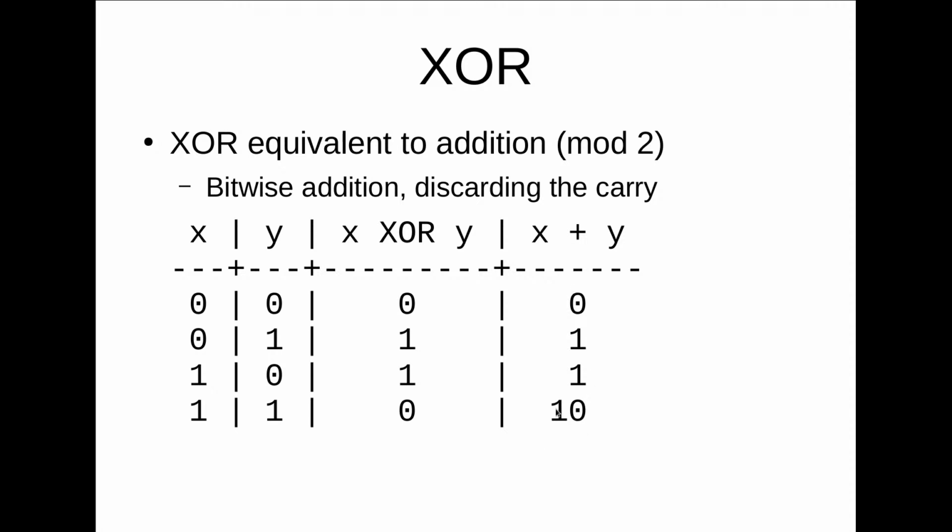But if you discard the carry bit, then you get the same thing as the normal truth table. So that way, since 1 plus 1 would be 2, then it's 0, because 2 divided by 2 is 0 with no remainder, or 1 with no remainder.